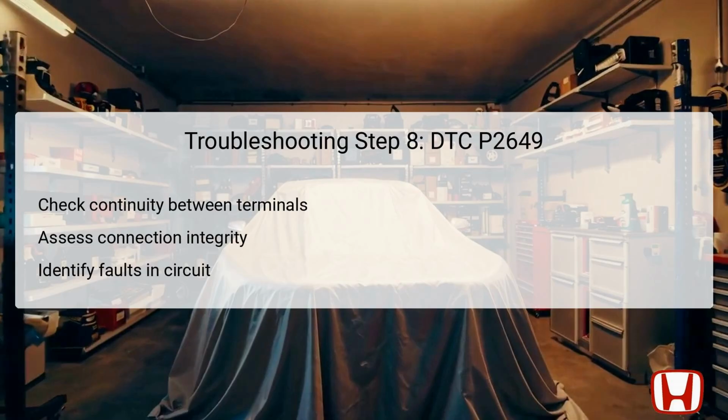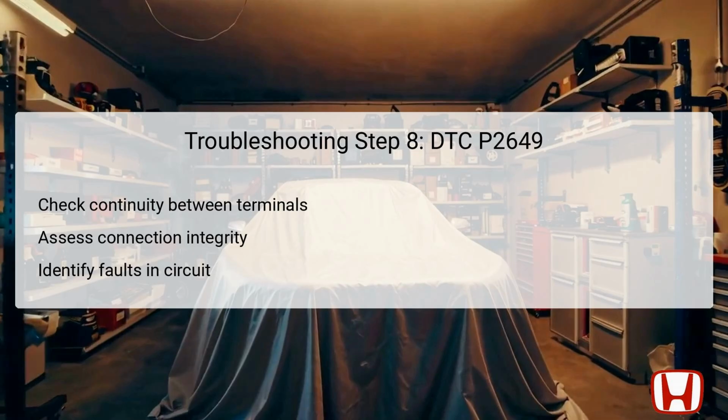The final troubleshooting step involves checking for continuity between ECM connector terminal B34 and rocker arm oil control solenoid 2P connector terminal number 2. This continuity check is vital for ensuring that the signal transmission between the ECM and the solenoid is functioning as intended.